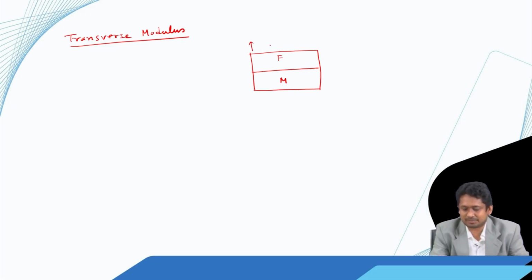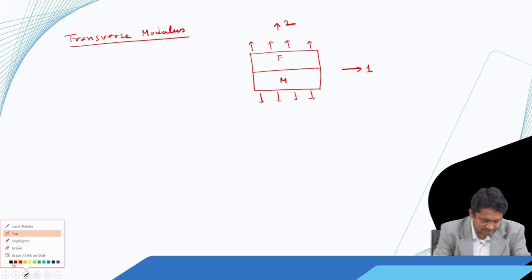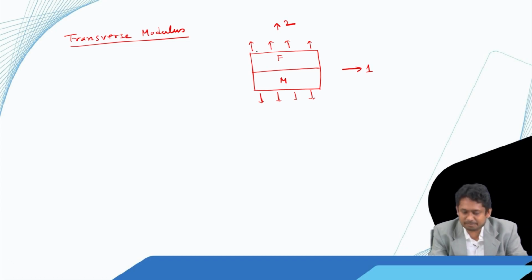So, we load it in direction 2, and let us say this is direction 1, this is direction 2. Now this is loaded in the transverse direction, direction 2. When it is loaded in this fashion, the deformed shape is going to look something like this.